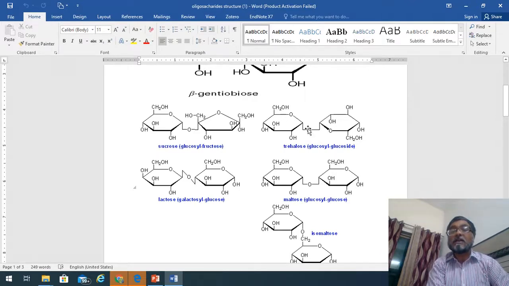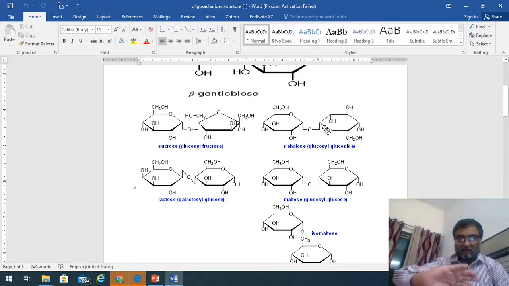This is the trehalose structure, and you can see here, this is an inverted form. Just like I told you about the sucrose, the second glucose molecule orients itself at 180 degrees. So that is the linkage, and then it is inverted in this condition.